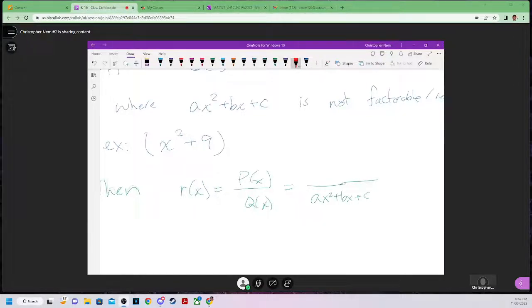A quadratic's power is 2, so I'm going down 1 power, which means the numerator is going to be linear. But there's more detail, because I can have a variable for whatever's multiplying my x, so we're going to call that a. I can also have a variable for a constant.